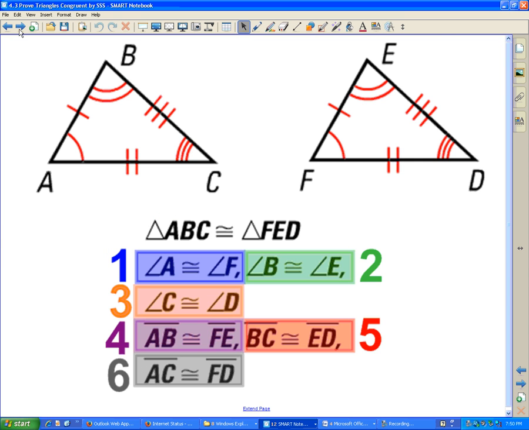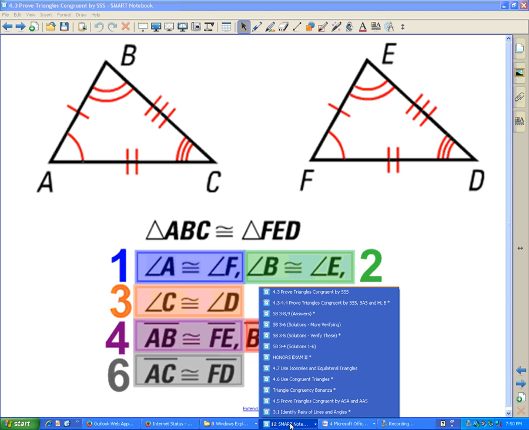And as we've been talking about, there are some shortcuts around finding all 6 parts before you know that 2 triangles are congruent. And the first shortcut that we discussed was the SSS shortcut. The second shortcut that we're going to talk about today is actually the SAS shortcut.